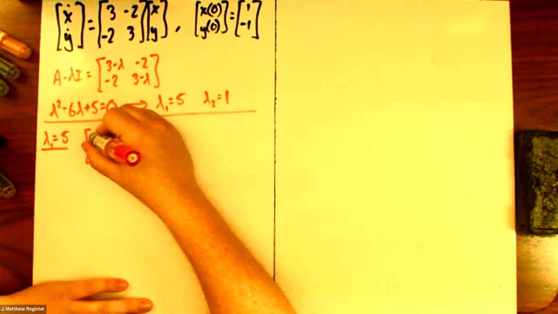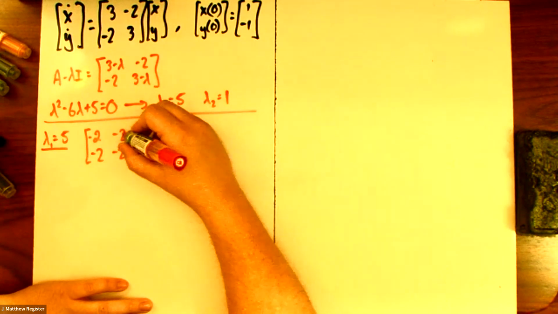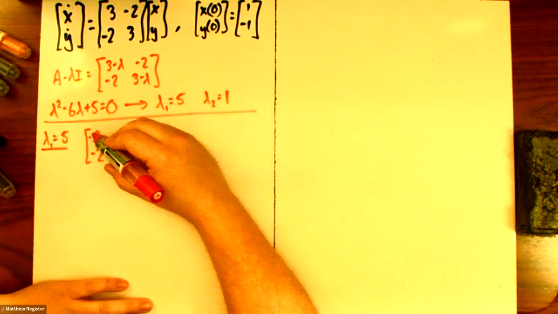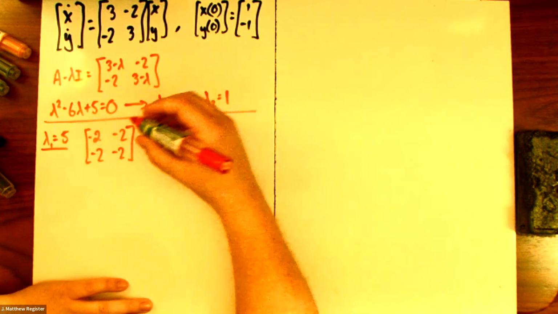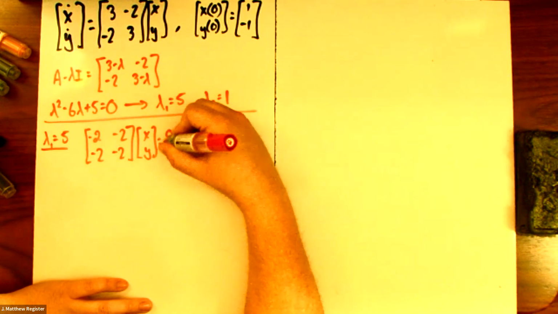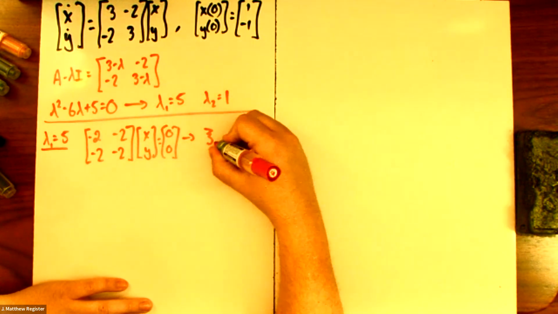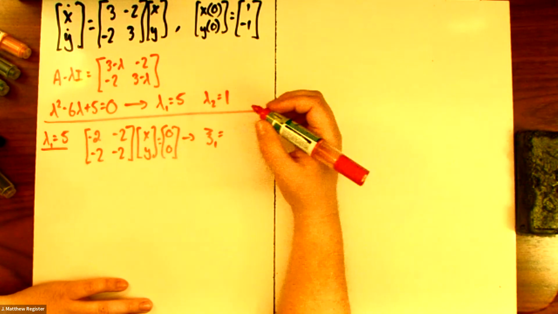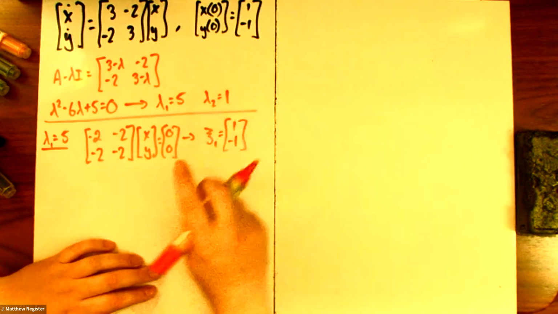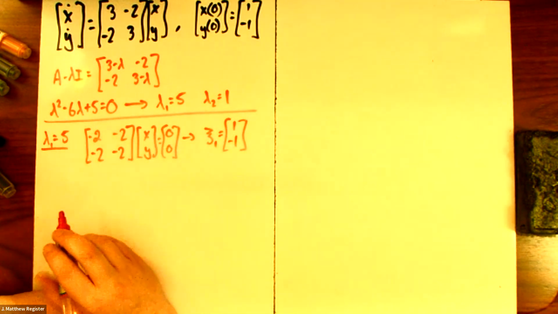I made a sign mistake. Like I said, sign mistakes are going to be the issue we're going to have the most. For the most part, they're easy to catch, but not always. And so -2, -2, -2, -2 times xy equals 0, 0. That tells us that our corresponding eigenvector is going to be 1, -1. Because 1 times this plus -1 times this equals 0.